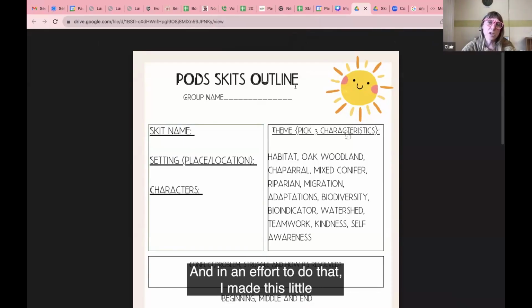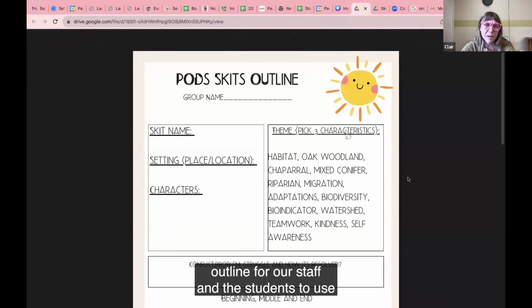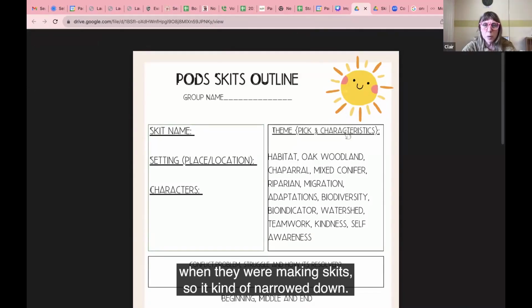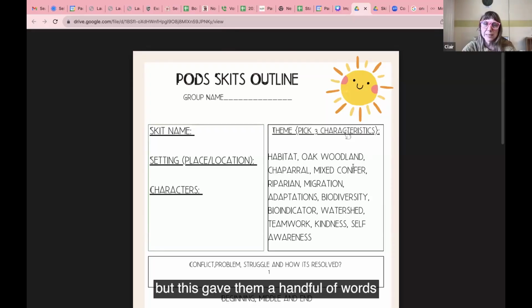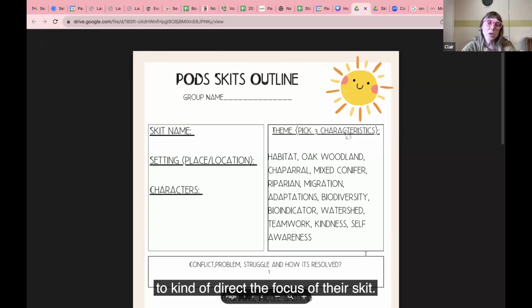In an effort to do that, I made this little outline for our staff and the students to use when they were making skits. So it narrowed things down. They could always use a characteristic or vocabulary word that wasn't on the list, but this gave them a handful of words to direct the focus of their skit.